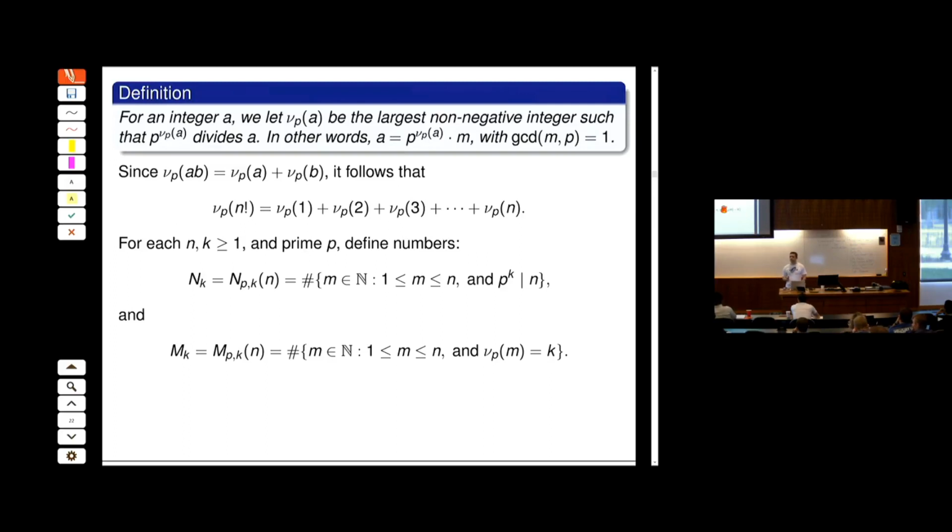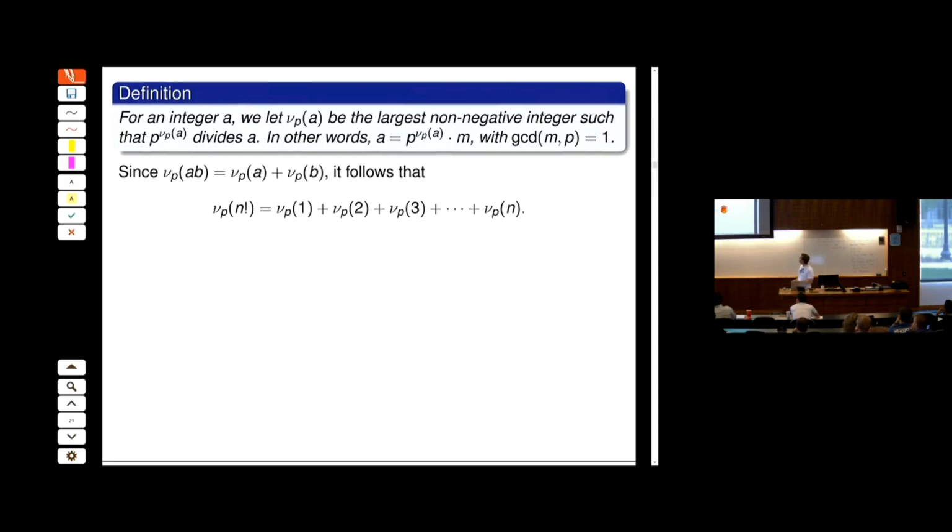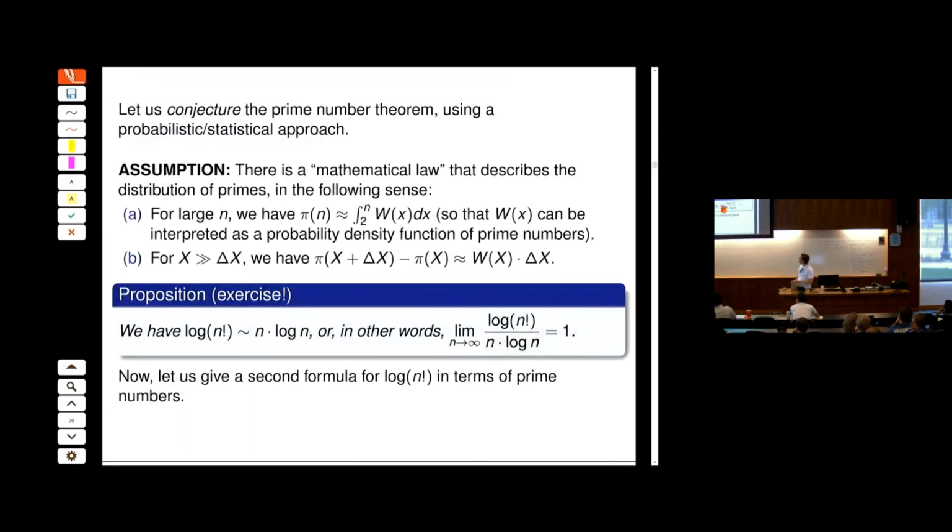Yes? In the previous slide, can you just go back for a second? When you say pi of n in part A, do you mean asymptotic?